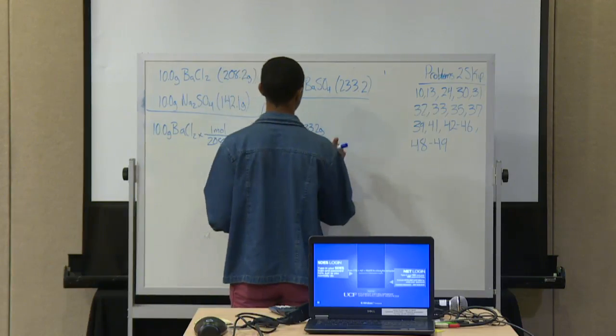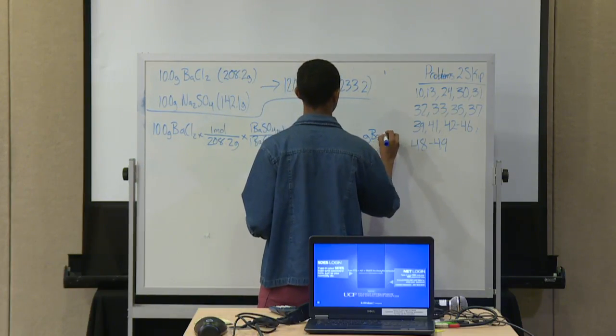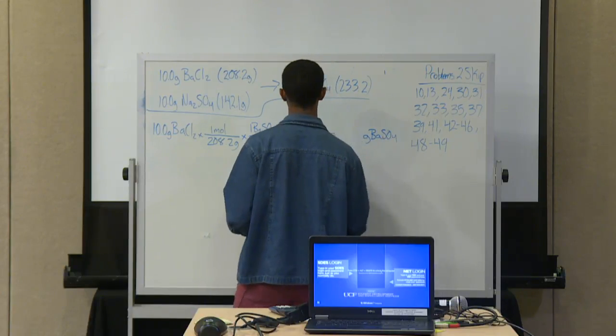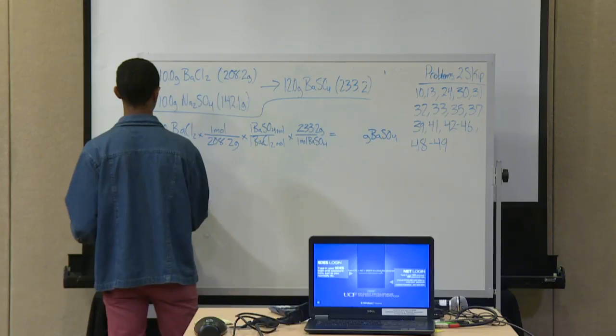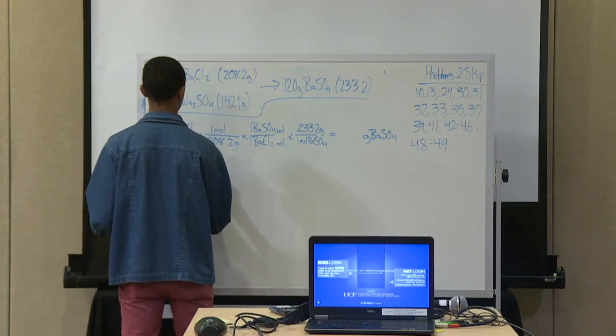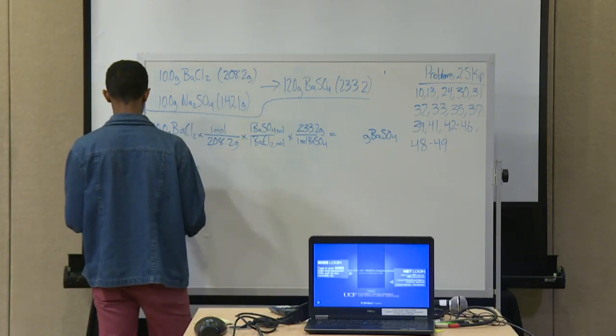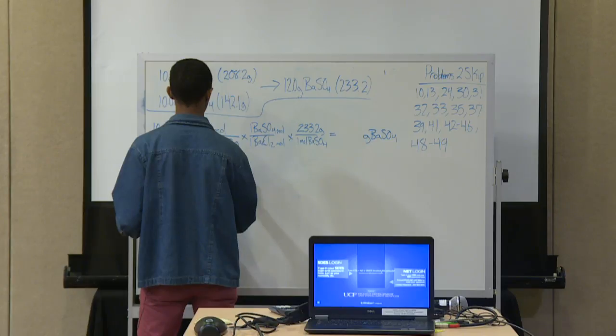And that should equal our grams of BaSO4. And the next one, same thing. And that's 10 grams by 1 mole of it.